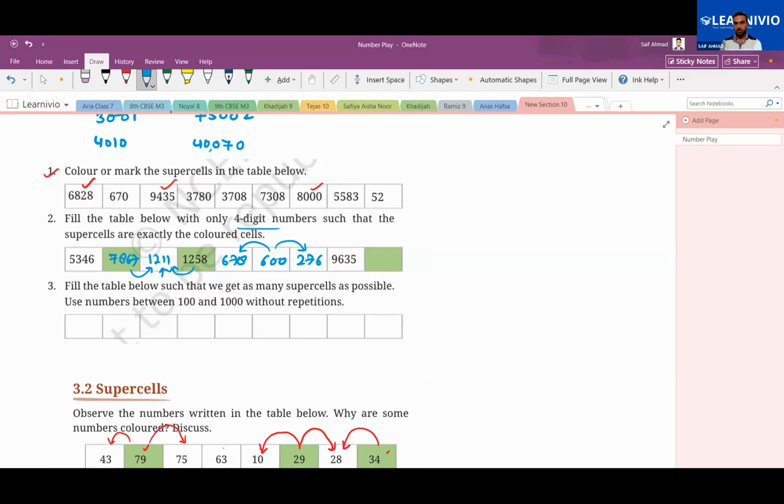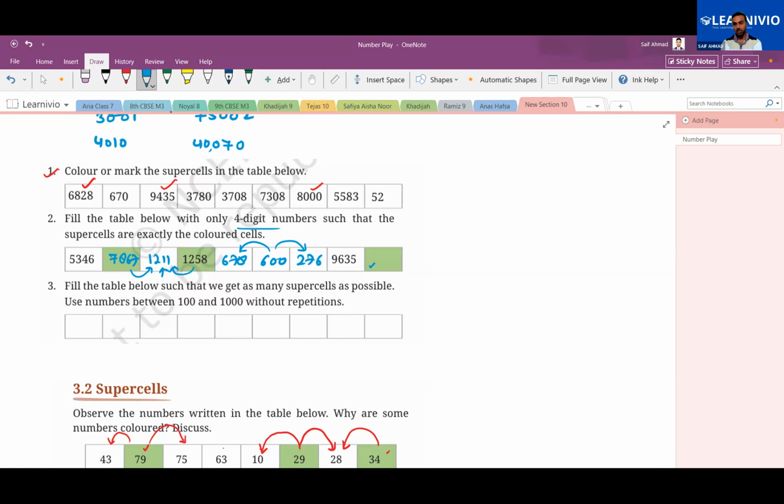Yes. Now what number have you placed here, the last one? 10,000. No, you have to put only 4-digit numbers, not 5 digits. In 10,000, the digits are 5.